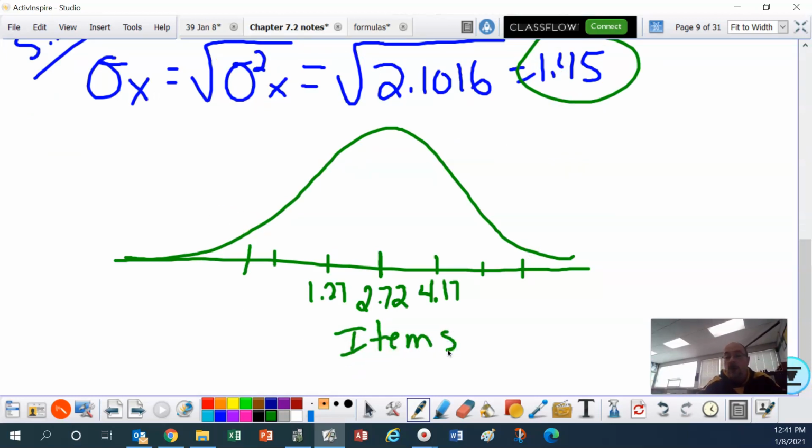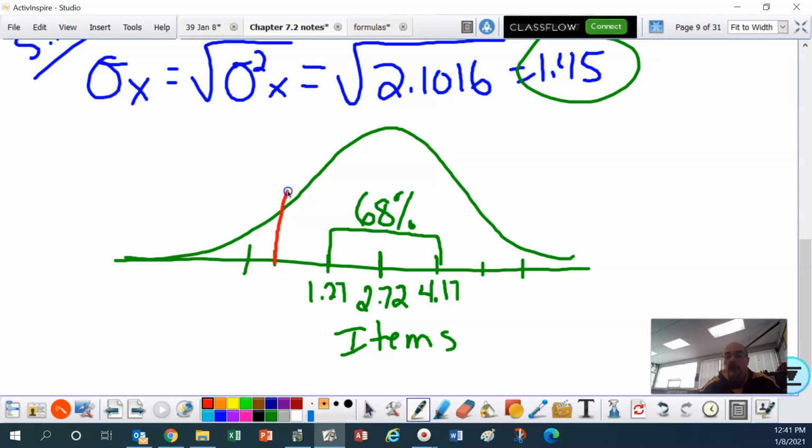So remember your 68, 95, 99.7% rule, the empirical rule. So this is telling us, ladies and gentlemen, that 68% of the customers that come into the store are going to buy 1.27 to a little over 4 items.